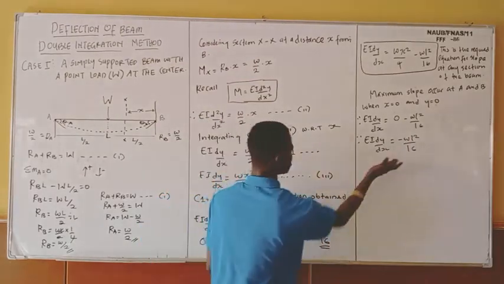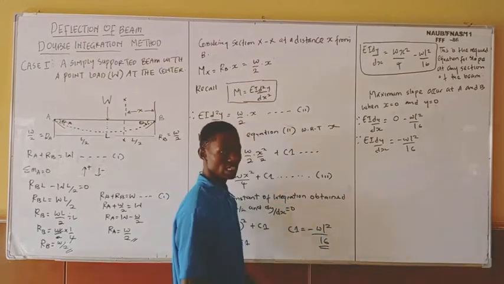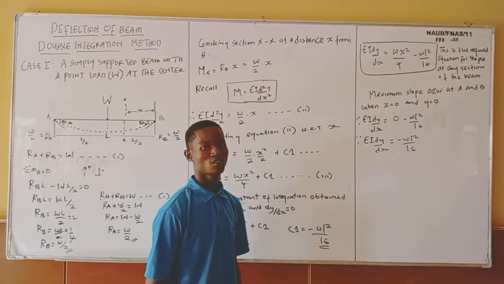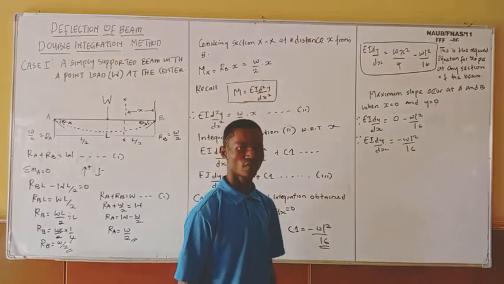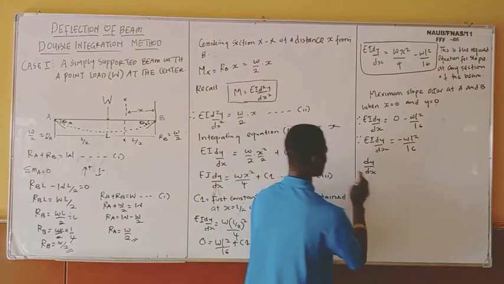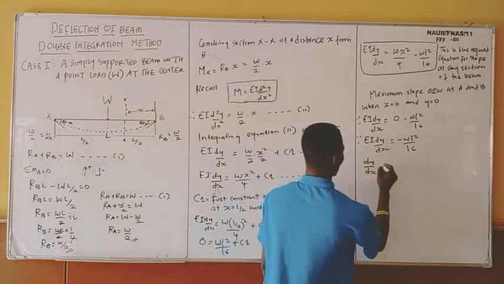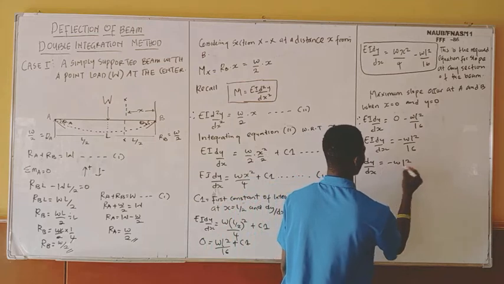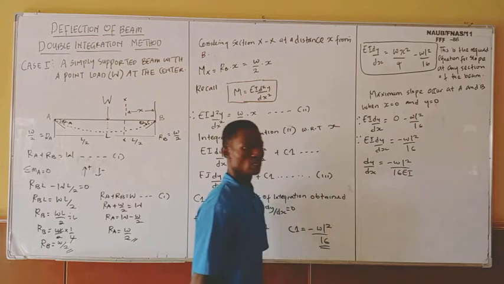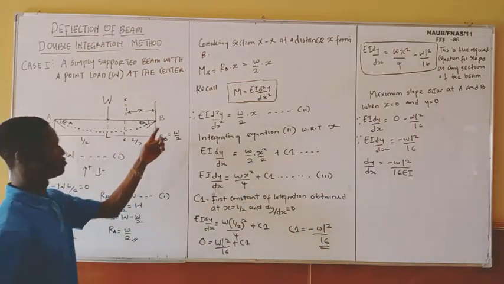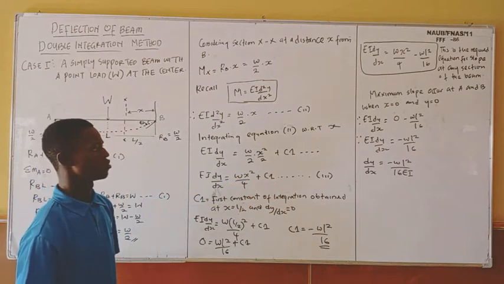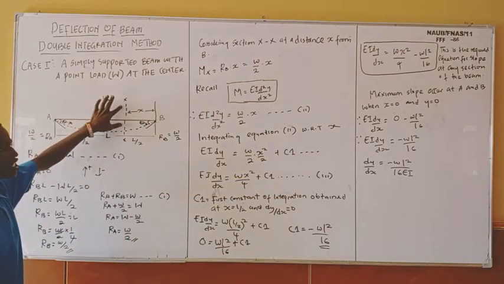So what I'm going to do next is to divide both sides by EI. Don't forget that EI is a constant here, which is our flexural rigidity. So my dy dx, by dividing both sides by EI, I'm going to have minus WL squared over 16EI. So assuming that I'm taking my slope from B, since I know that dy dx equal to minus WL squared over 16EI, but don't forget that my sectioning is from B.